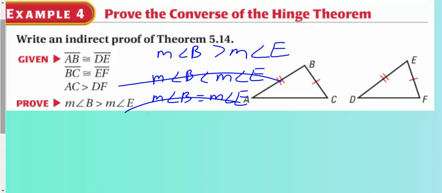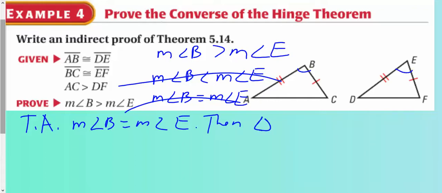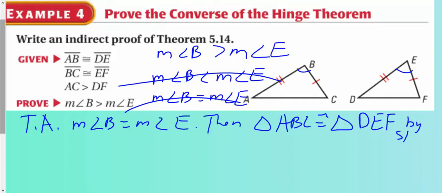Okay, so let's temporarily assume that the measure of angle B is equal to the measure of angle E. Okay, so if these two are equal, well that makes the two triangles congruent by side angle side. Triangle ABC is congruent to triangle DEF by side angle side.